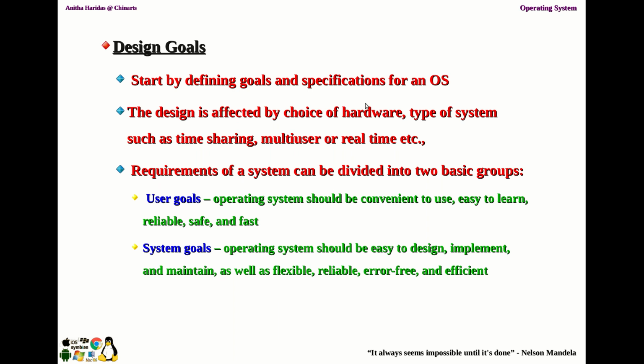Imagine your software engineering concepts, right? Recollect them. Based on the objective of the system, you collect the requirements, then you go for designing the software, then implementing the design, then testing and maintenance, right?